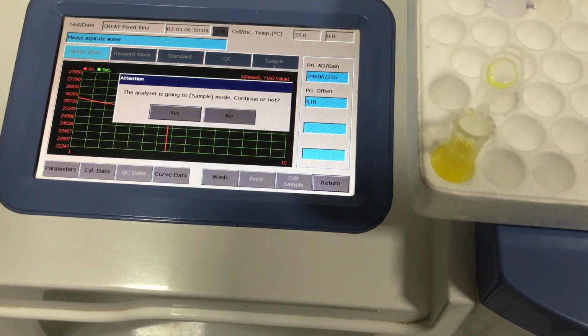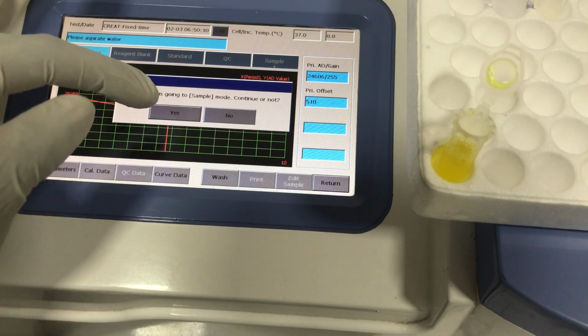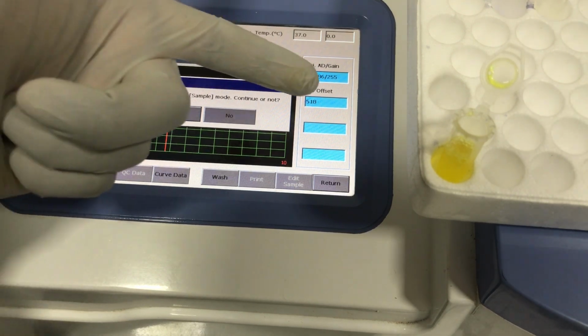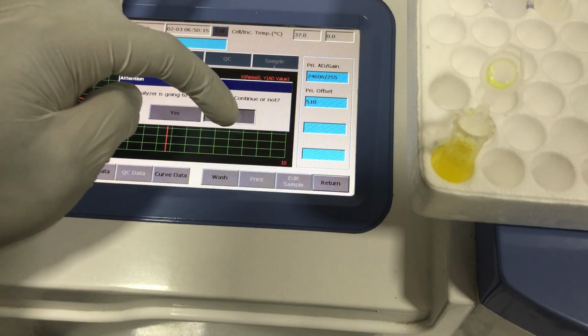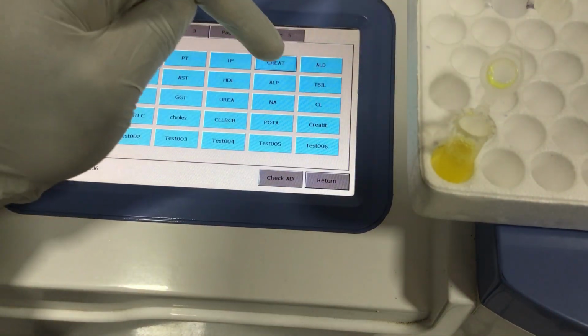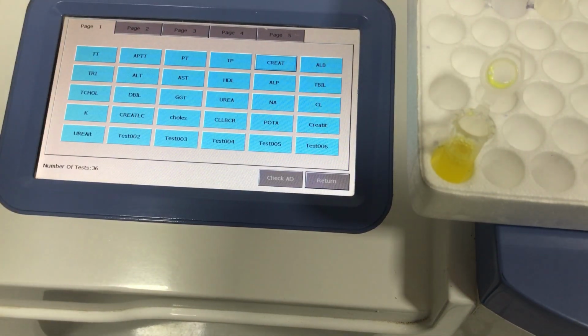Okay, so you can press yes and continue, but I feel that the primary offset is too high, so I want to repeat this again to have a lower primary offset so that my measurements could be more accurate.